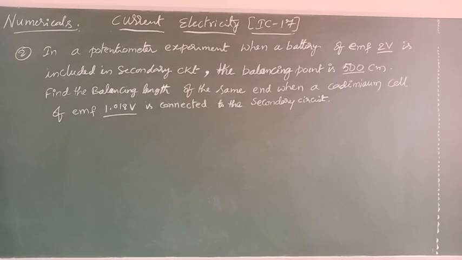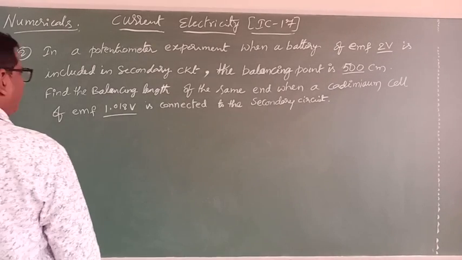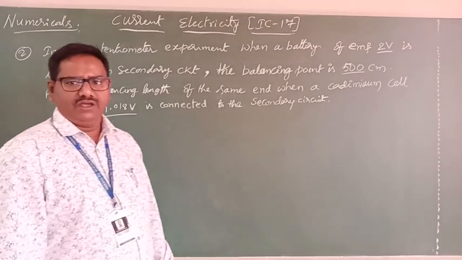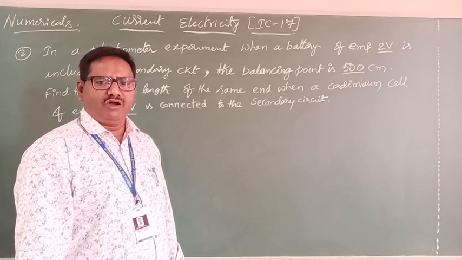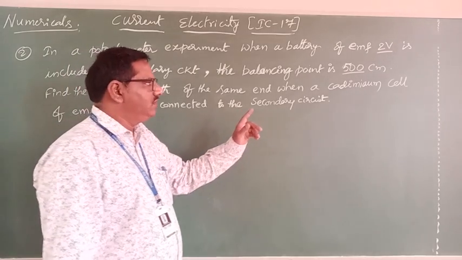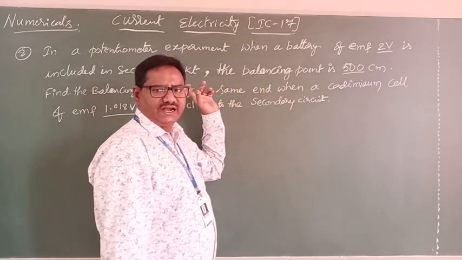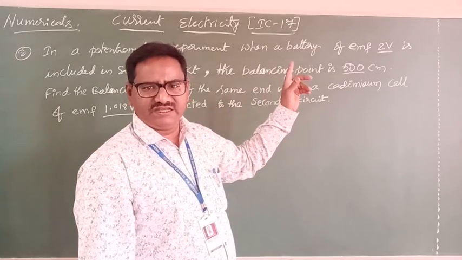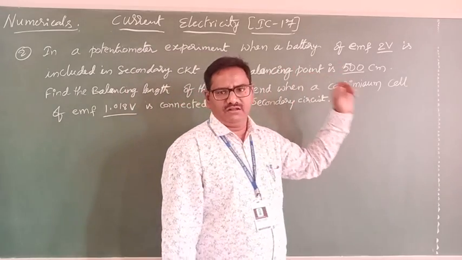See, in this numerical they considered a potentiometer experiment. One battery of EMF of one cell is given, how much is it? 2 volt. And when it is connected in a secondary circuit, the balancing length given is 500 centimeter.